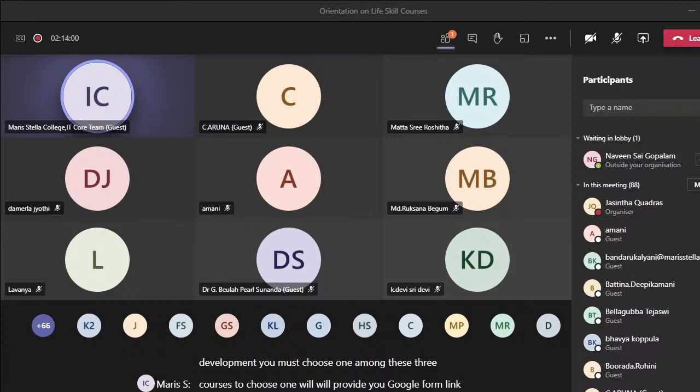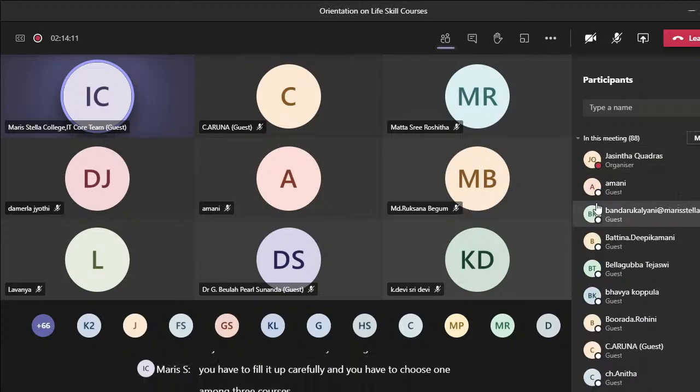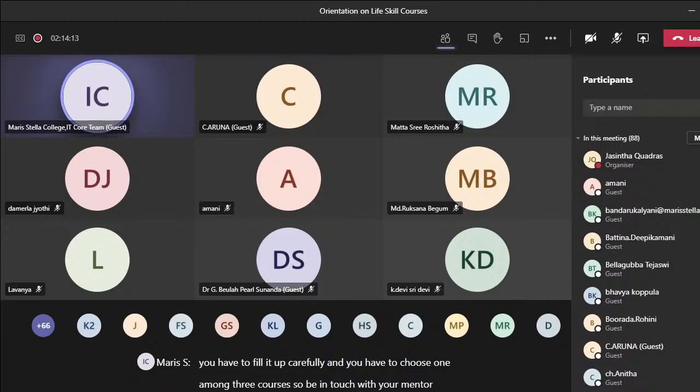Your mentors will forward you the Google form link, so you have to fill it up carefully and choose one among the 3 courses. So be in touch with your mentors. If you have any doubts, ask your mentors. Today we'll forward you the Google form link. You need to choose one course. Hope you understood.